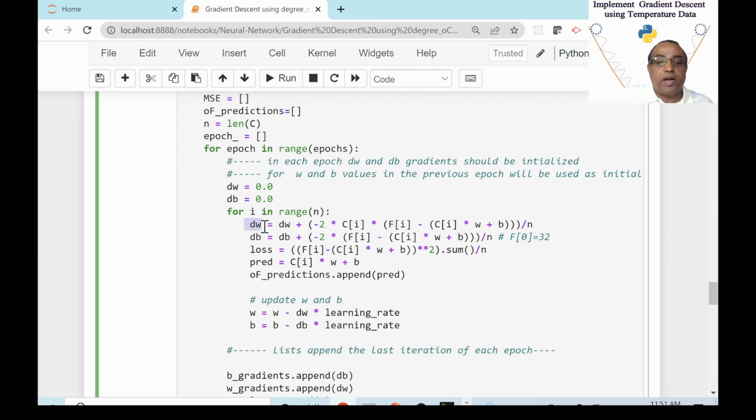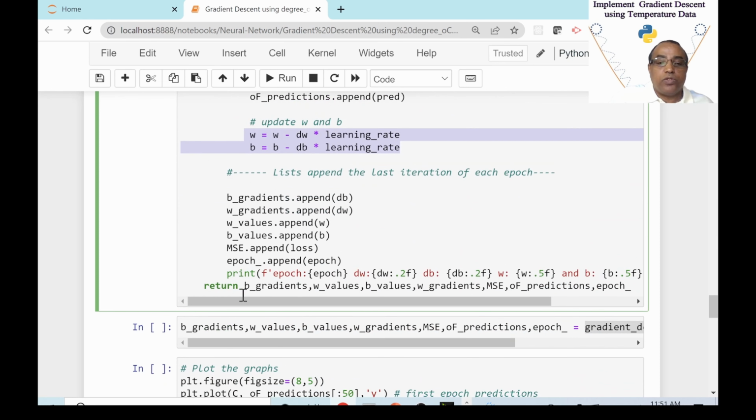The inner loop calculates the gradients and updates the variables, right? So that's what it does. This is implemented using a function, because functions are very useful to reuse code. Okay, so that's the purpose.